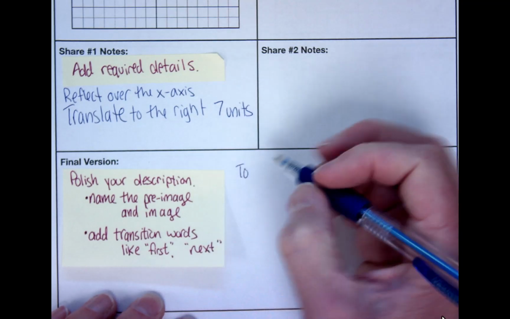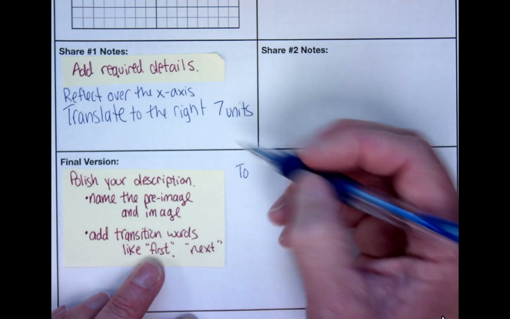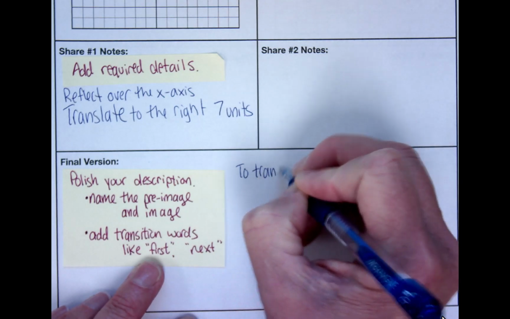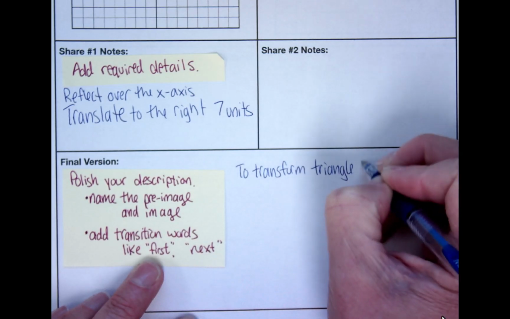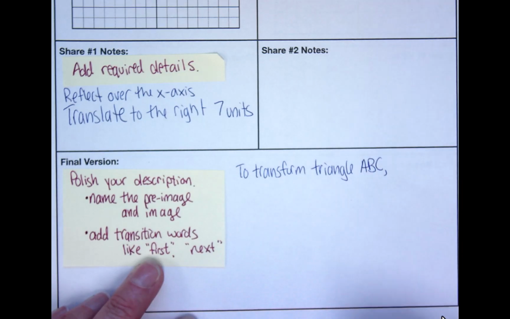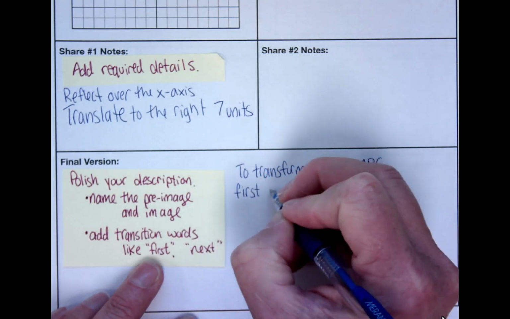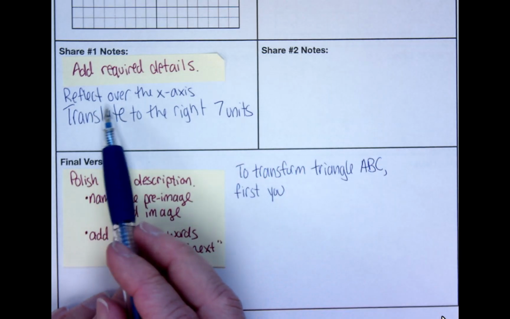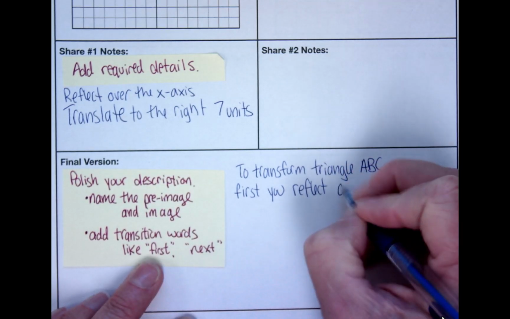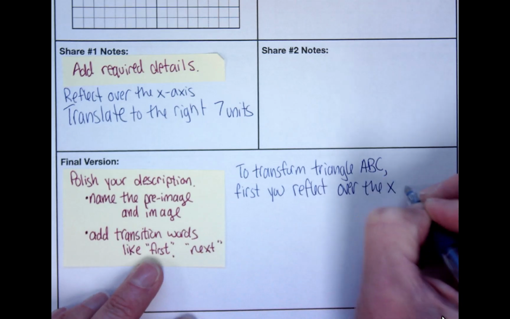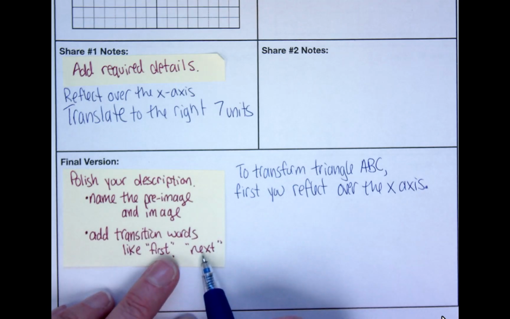Let's see. To transform triangle ABC, I'm going to say first, you reflect over the x-axis. Then I'm going to say, then, you could say next.